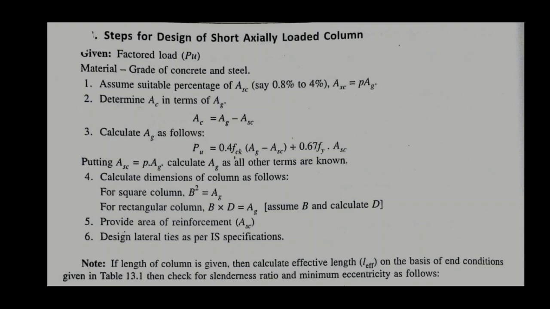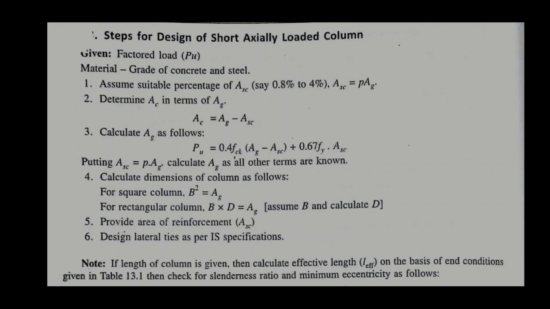Now determine Ac in terms of Ag. So Ac means area of concrete, which is Ac equals Ag minus Asc. You can write it. Now calculate Ag as follows.